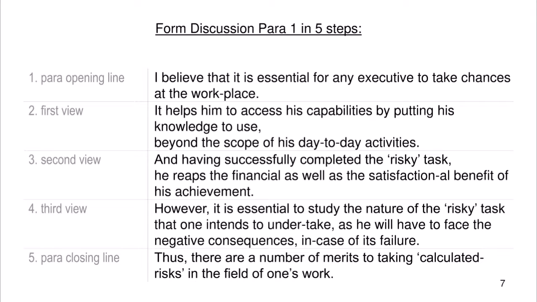However, it is essential to study the nature of the risky task that one intends to undertake, as he will have to face the negative consequences in case of its failure. Thus, there are a number of merits to taking calculated risks in the field of one's work.